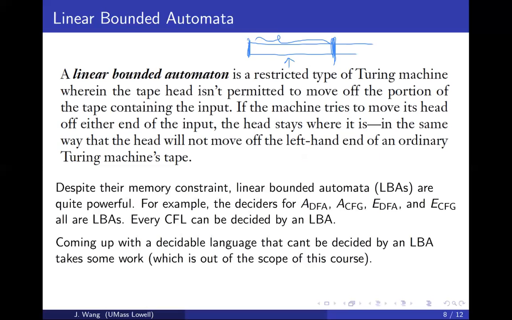Every CFL can be decided by an LBA. Coming up with a decidable language that cannot be decided by an LBA takes some work, which is out of the scope of this course.